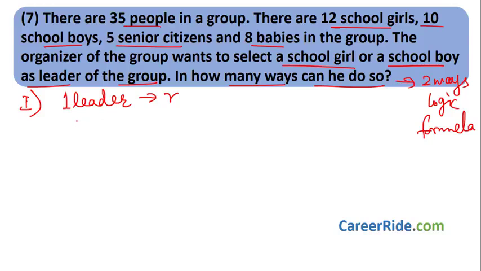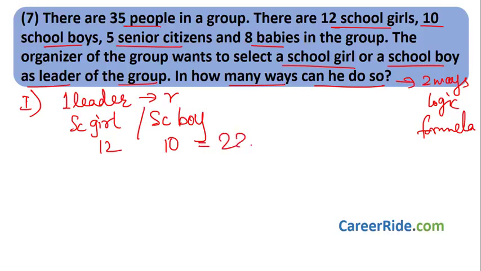But here N will not be 35. Why? Because the organizer does not want any one leader. The organizer wants a leader who is a schoolgirl or a schoolboy. Total number of people: schoolgirls 12, schoolboys 10. So out of these 22 only, the organizer wants to select one leader.